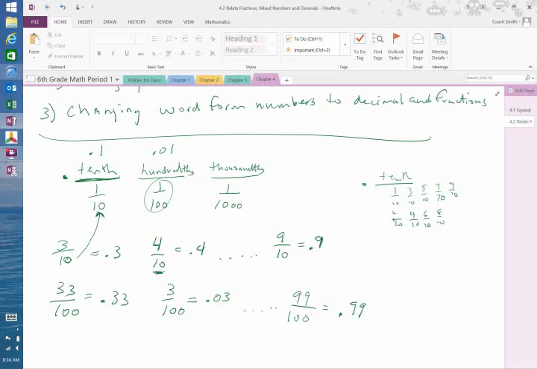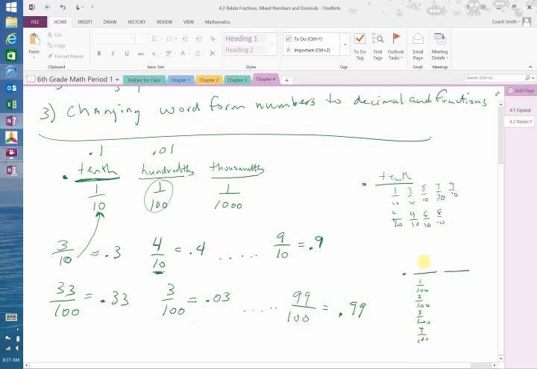Now the second one, when I go 2 blanks, where the hundredths place value is, that means I can go from 1 over 100, 2 over 100, 3 over 100, 4 over 100.